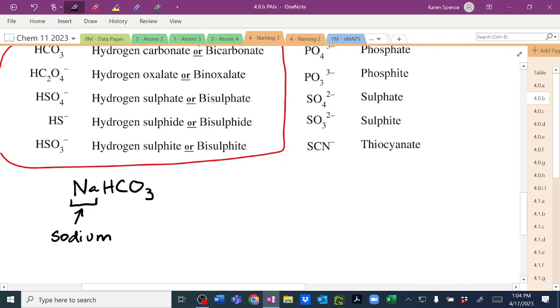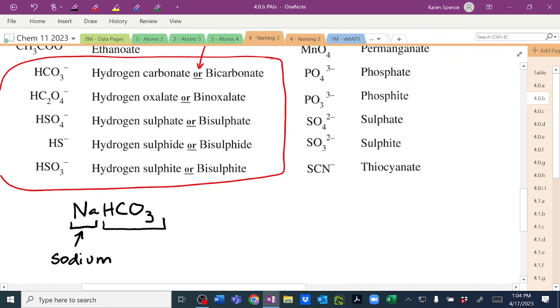Once you've got your cation, everything else is going to be a single ion that you will find on your polyatomic sheet. So the H and the C and the O all go together. Don't name each one individually, name it all together. So you go here and you look and you say, who is HCO3? It is hydrogen carbonate or bicarbonate.